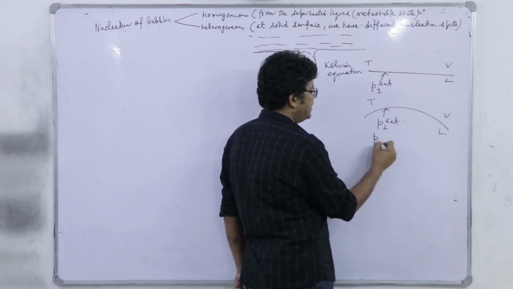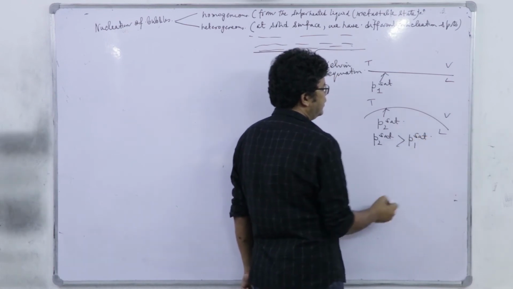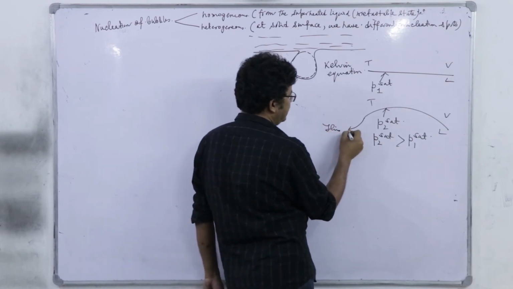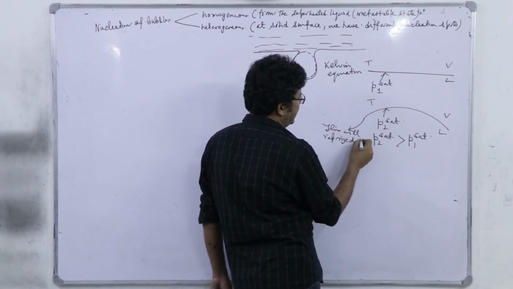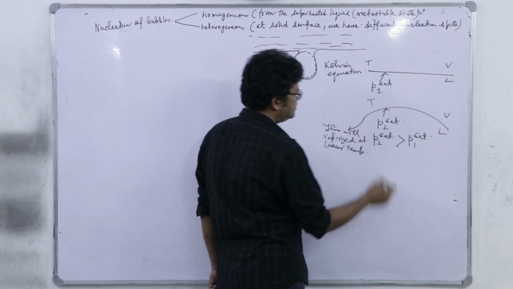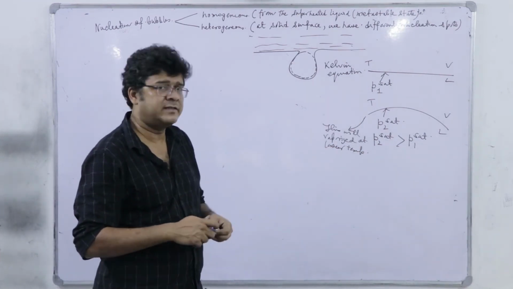So P2sat is higher than P1sat. So it is expected that this will vaporize at a lower temperature, because it is having higher vapor pressure at the same temperature.